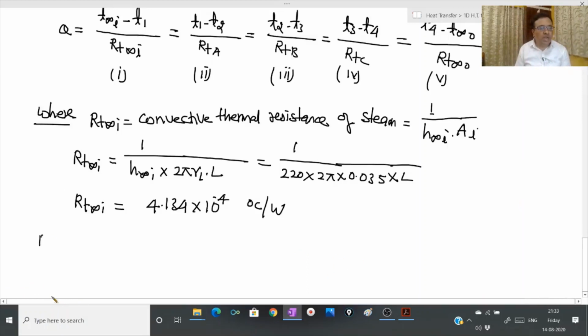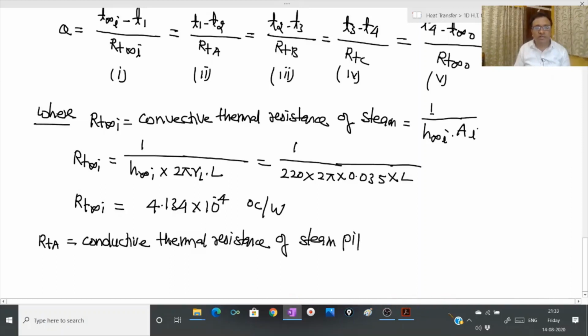Then RTA, the conductive thermal resistance of the steam pipe material, can be given as, from the data book, if you don't remember, please refer to the data book, 1 over 2 pi K, where K is the thermal conductivity of the steam pipe, into L into log of R2 over R1.